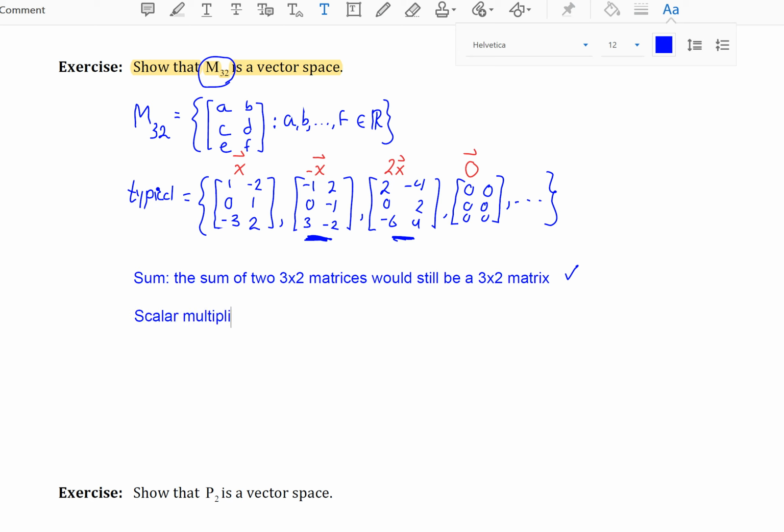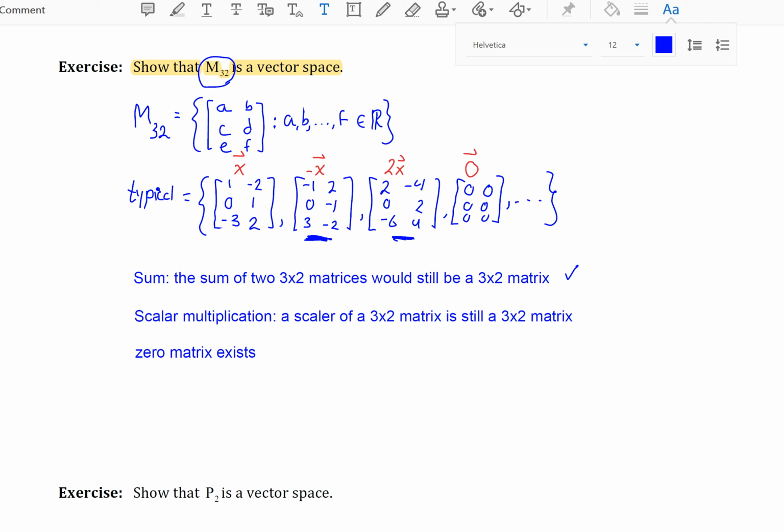The scalar multiplication property. And I always like to say k times some matrix is still going to be a 3 by 2 matrix. So a scalar of a 3 by 2 matrix is still a 3 by 2 matrix. Remember, these are the only two required properties, but we could also say a 0 matrix exists.